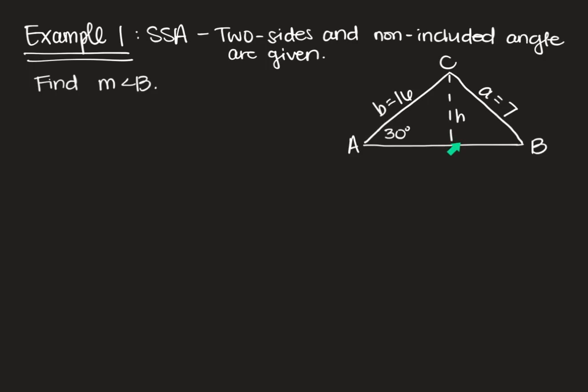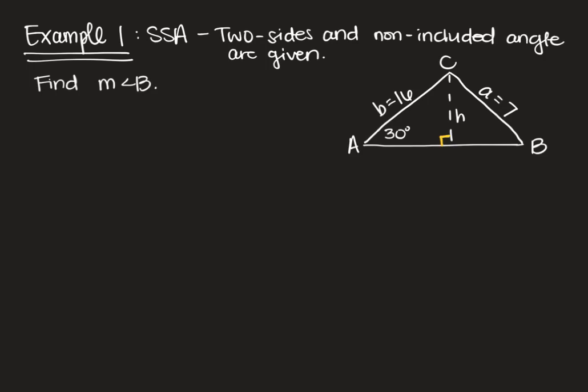So how can we find the height of this triangle? Well, if it's a height, then it's making a 90-degree angle with the base of that triangle, which means that we have a right triangle right here. And what can we do with right triangles? Well, we can use SOHCAHTOA. Side B is the hypotenuse of that right triangle.